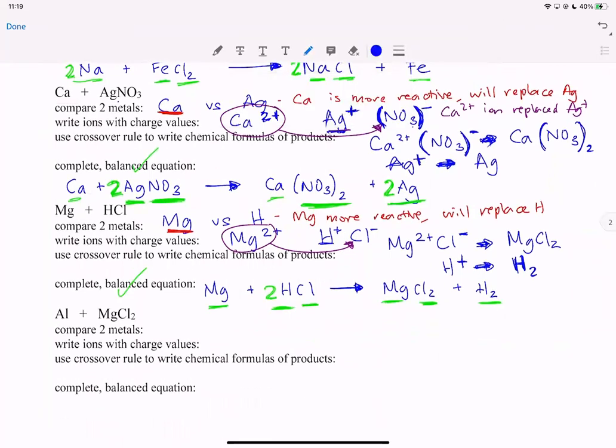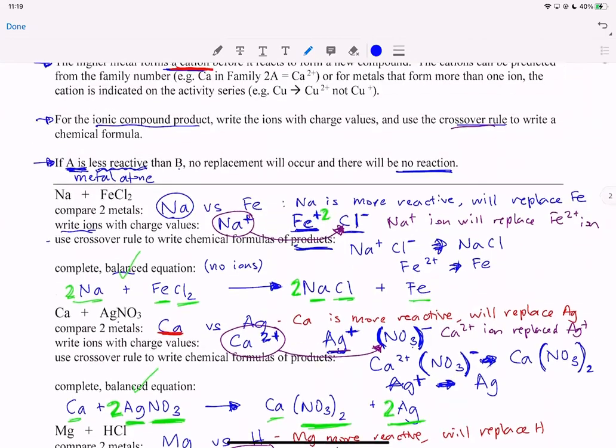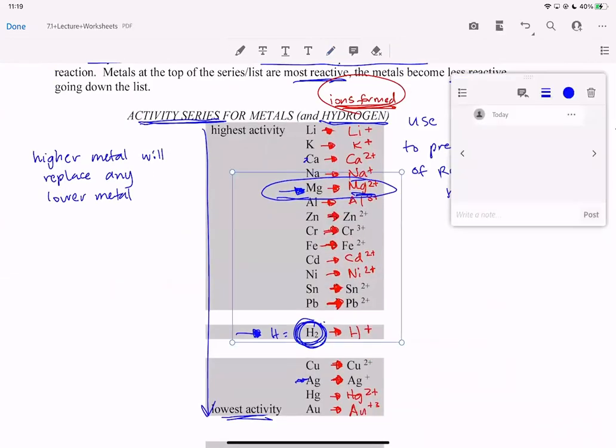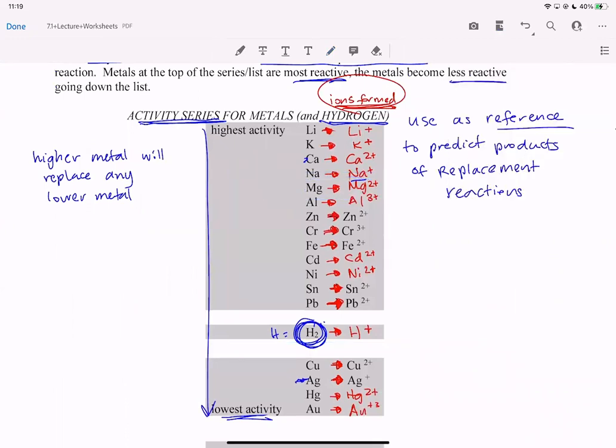Okay, let's take a look at the last one, which is Al and MgCl2. So comparing two metals, Al versus Mg. Okay, so go back to the activity series. Let me erase that. Okay, and I've got aluminum, which is here, and magnesium, which is here.